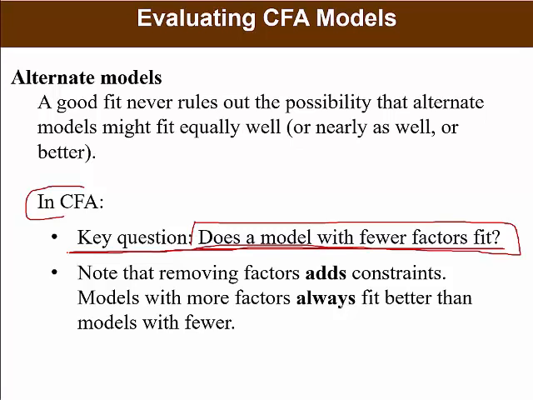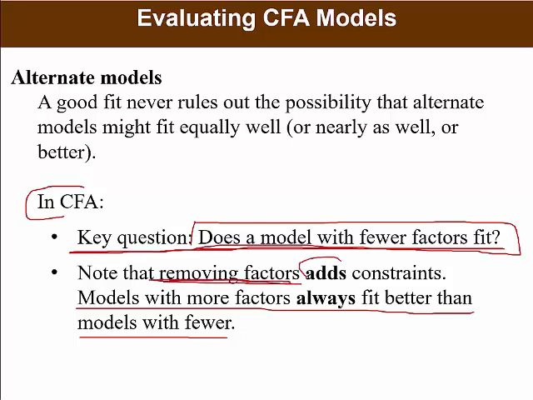Having too many factors will not cause a bad fit. That's because when we add factors, that always makes our fit better, because we're reducing the constraints on our model. When I remove factors, when I look at models with fewer factors, that's adding constraints.